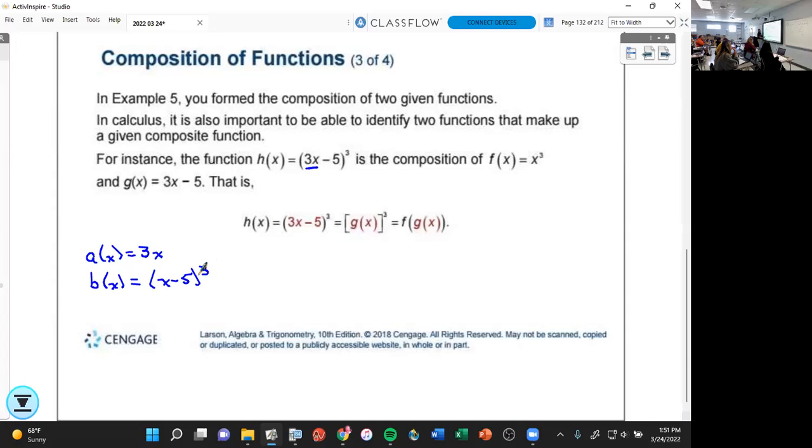And by writing it this way, can you see that b of a of x is equal to (3x minus 5) cubed? Is that the same? If I take this b function and replace x with 3x, do I get this? Okay. Now, which one is the easiest to see?